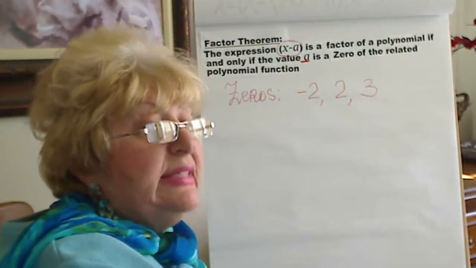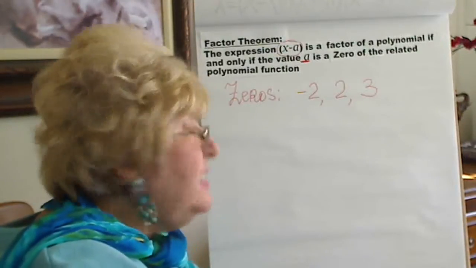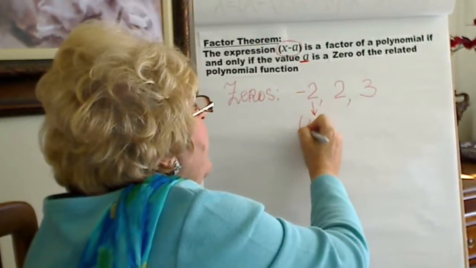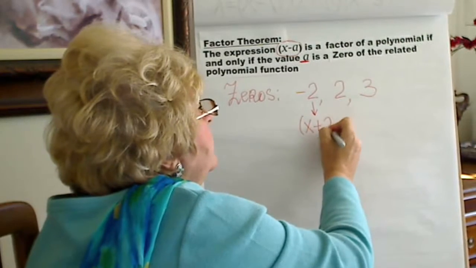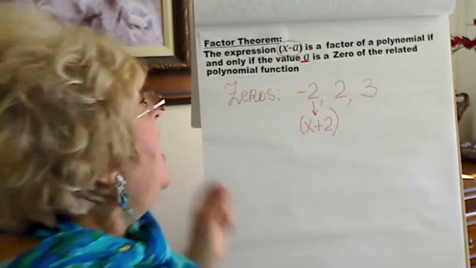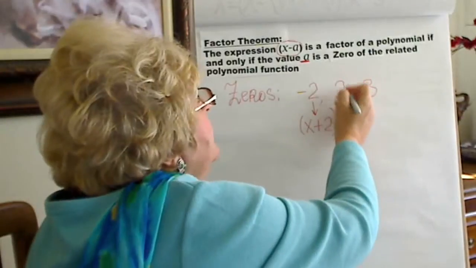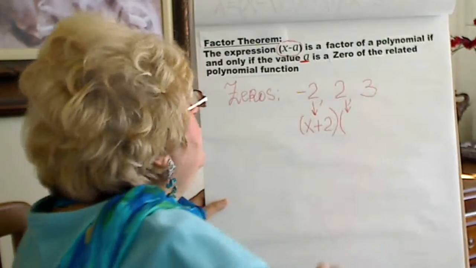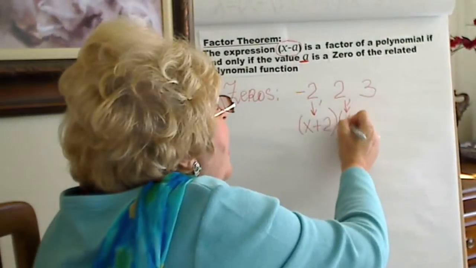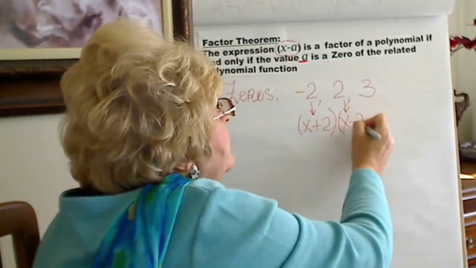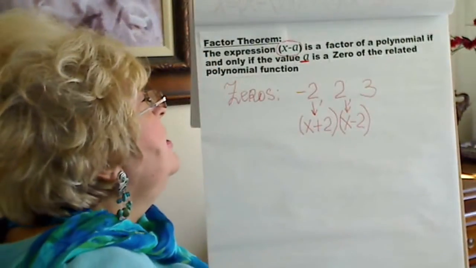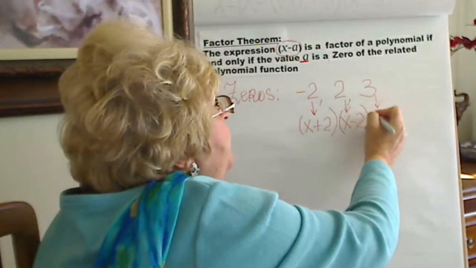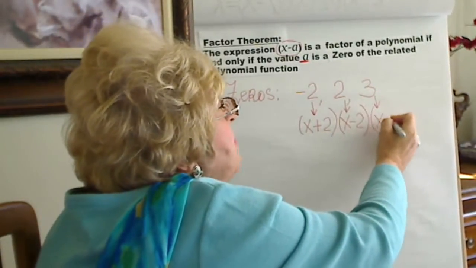You remember that if our zero is -2, our factor will be x plus 2. Next one, if our zero is 2, our factor will be x minus 2. And if our zero equals 3, our factor will be x minus 3.